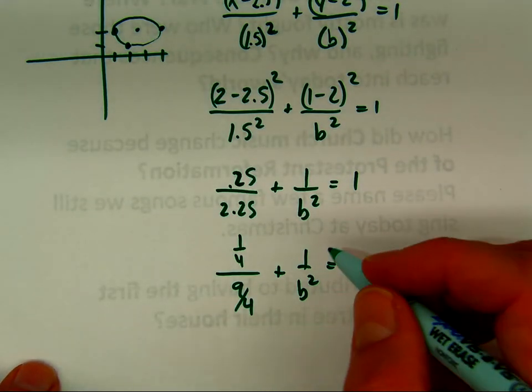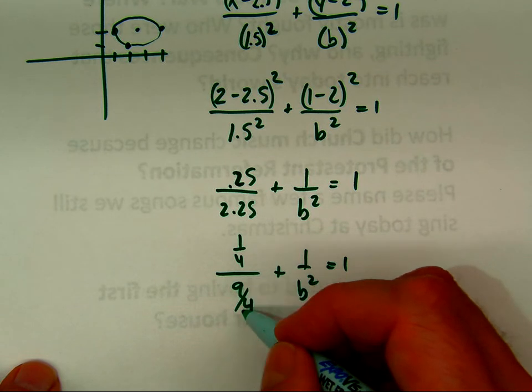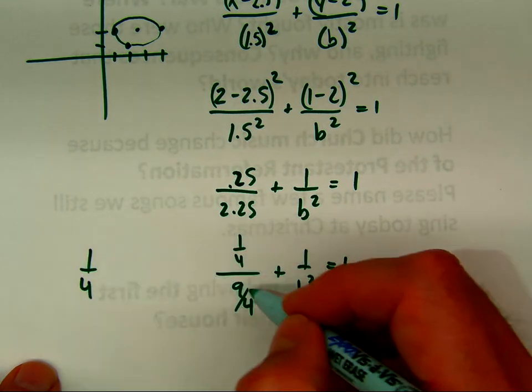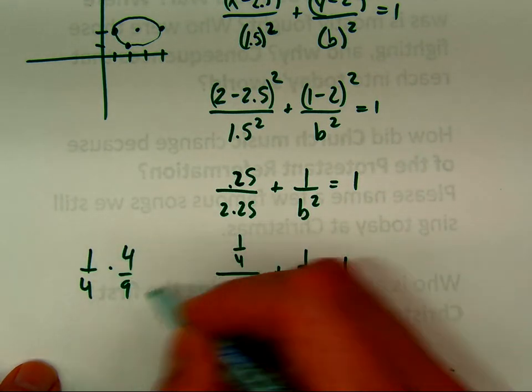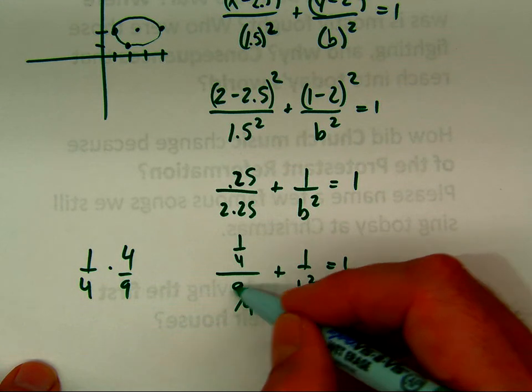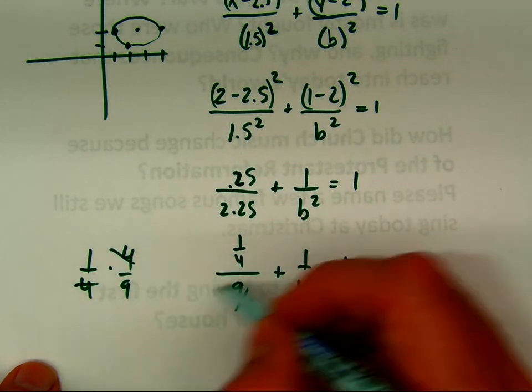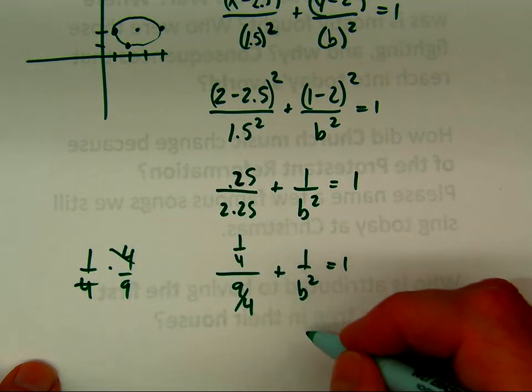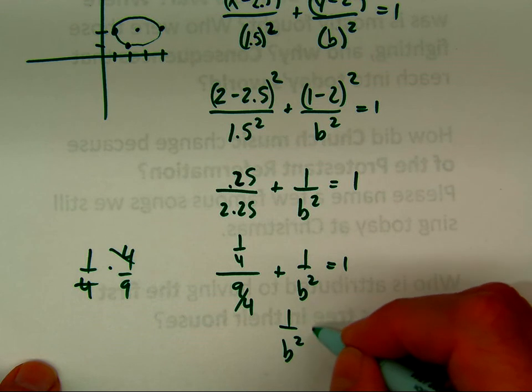And 1/4 divided by 9/4 is 1/4 multiplied by the reciprocal. So we can see that's just 1/9. And we could have 1 over b squared equals 1 minus 1/9.